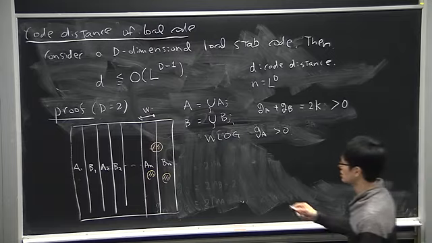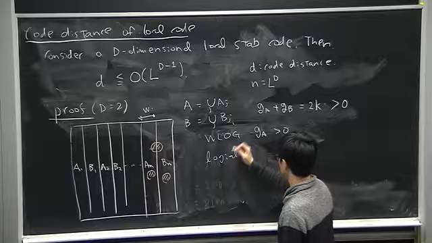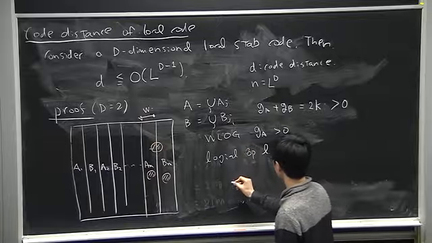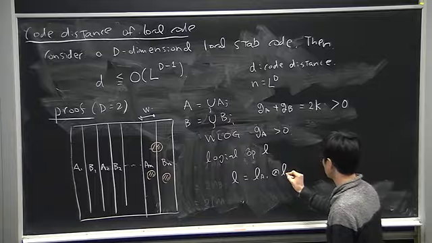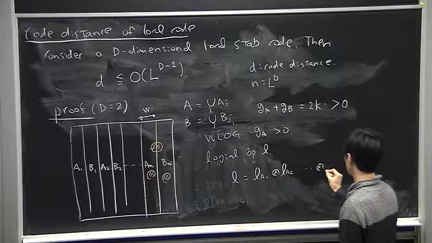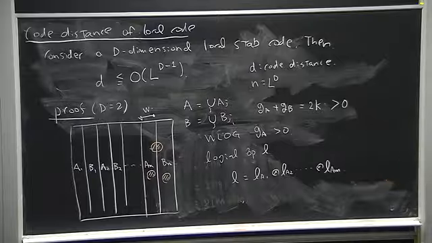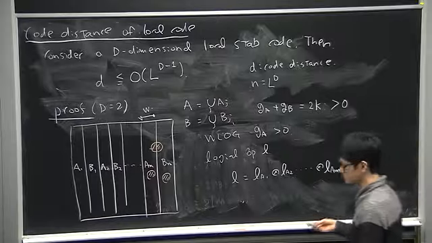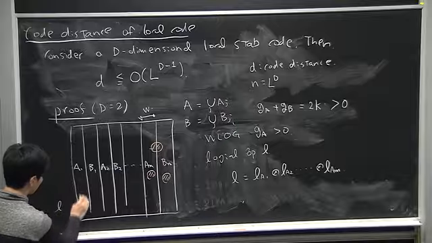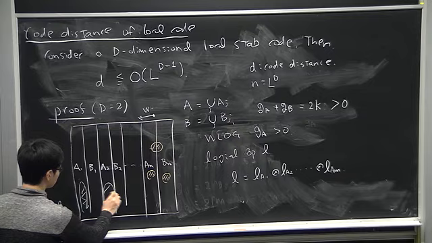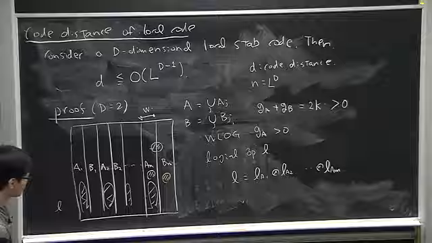This means that there exists some logical operator which can be written in the following way: L_A1 times L_A2 through L_AM, just a tensor product of a bunch of them. So the point is that this operator L is supported on this region, this region, this region, and this region, but only on the A part.